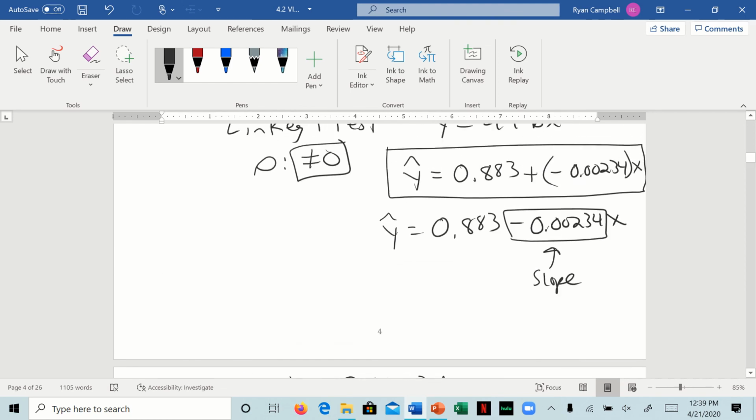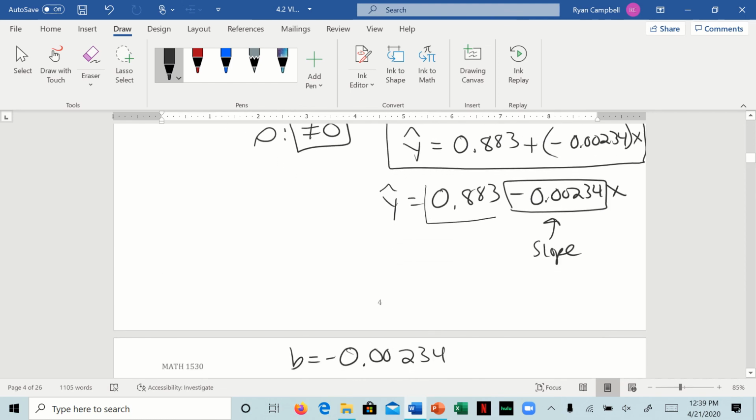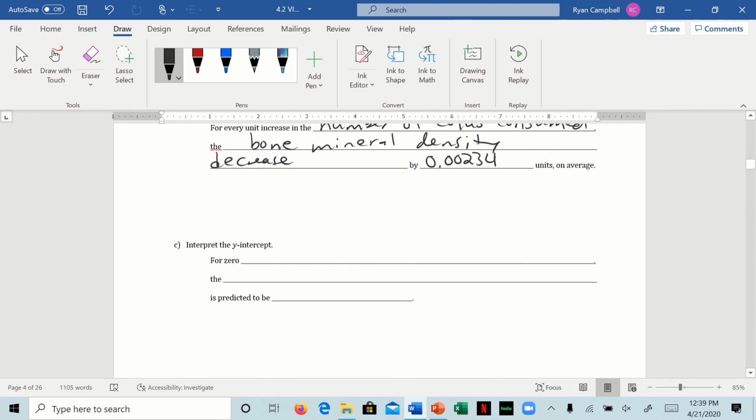All right, now we have the y-intercept. Our a is our y-intercept. So for 0, remember which one is 0? Is it y or x? For a y-intercept, x is equal to 0.